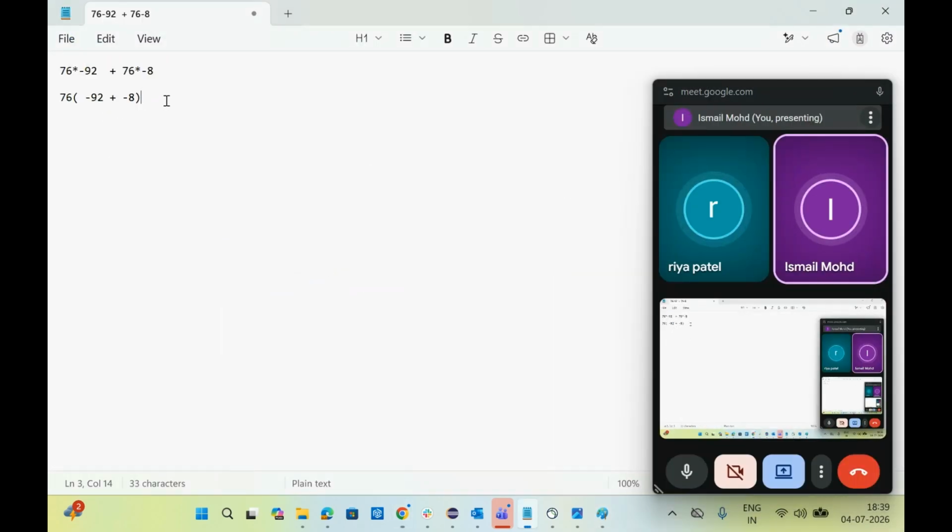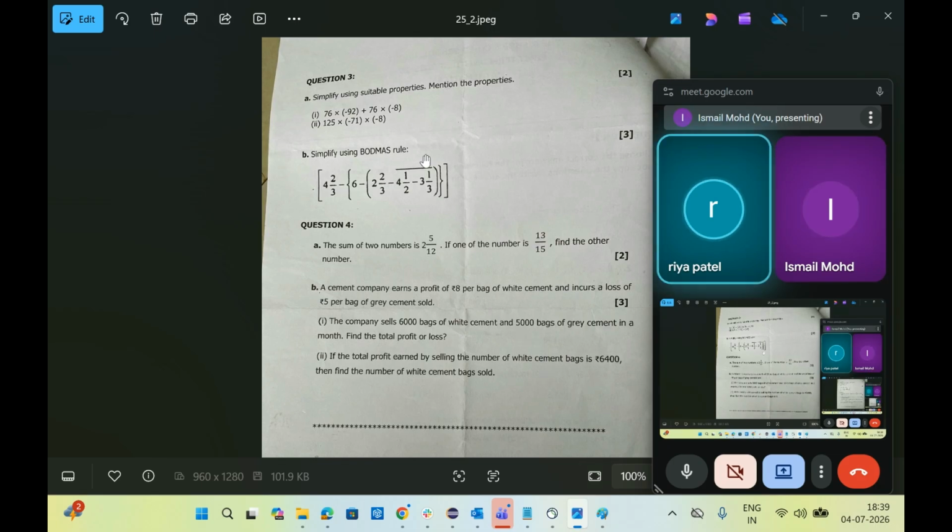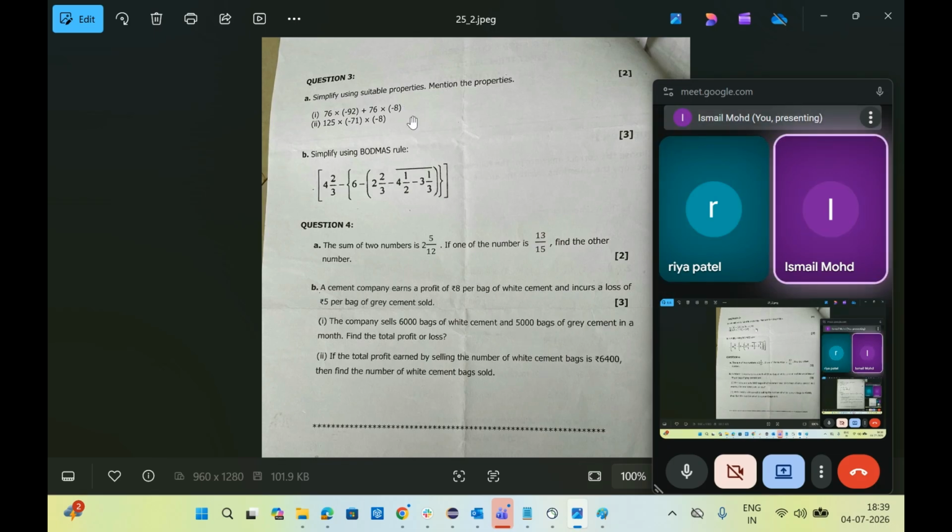So it is minus 100, not plus 100. So the answer is 76 into minus 100. Again you have one positive and one negative, so the answer is negative. And 76 into 100 is 7600. So this is the answer, minus 7600.